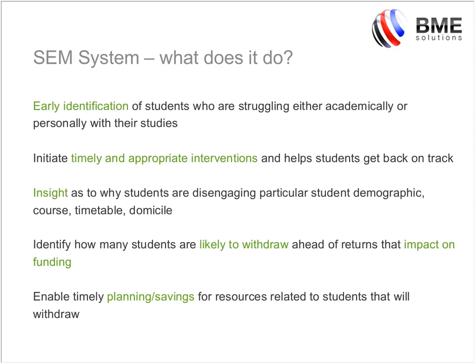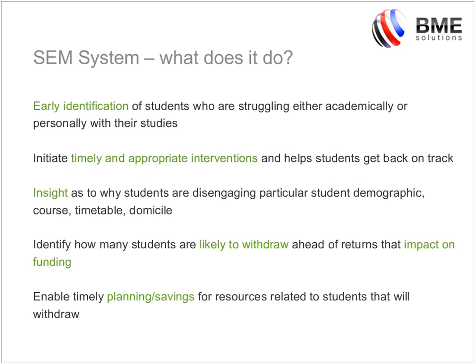SEM, the abbreviation for Student Engagement Monitoring, because it's a long piece of text, provides the university with an early identification system to identify students that are struggling academically or personally with their studies. It allows the university to make the appropriate interventions to help students get back on track.